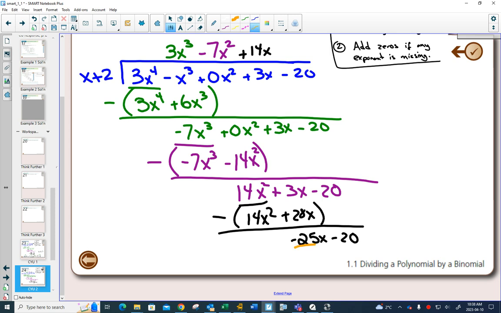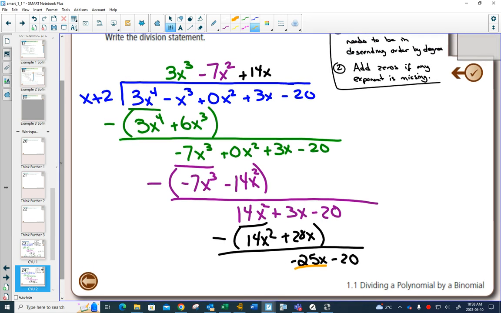Go to a new color. Now, last, we've got minus 25x. Multiply by minus 25. This will give me minus 25x, and minus 25 times 2 is minus 50. Subtract. Get a remainder of plus 30.